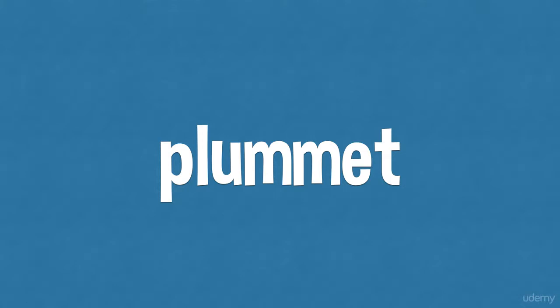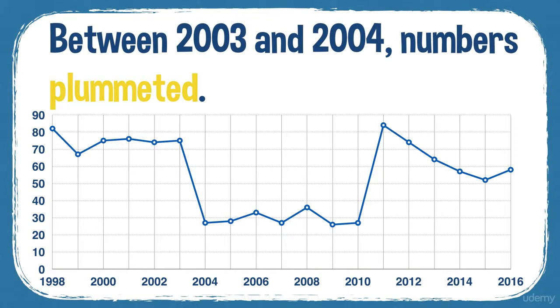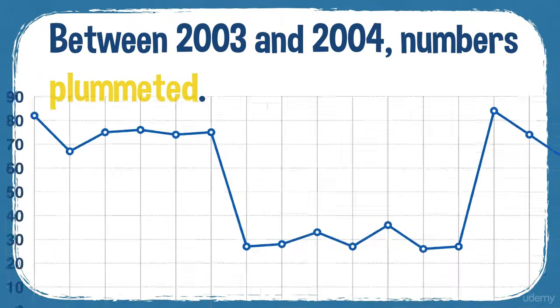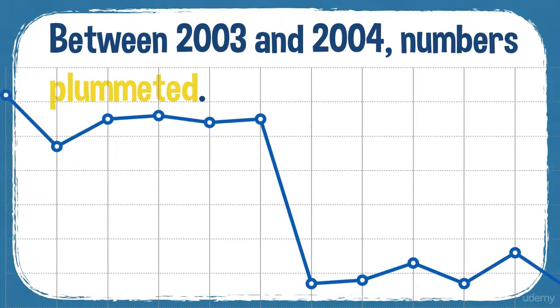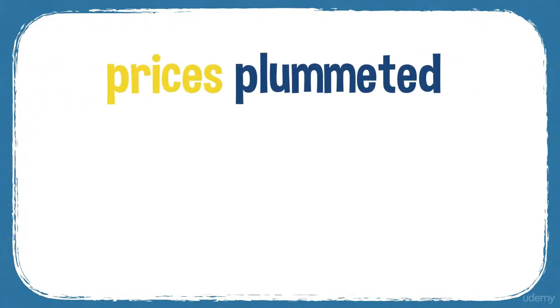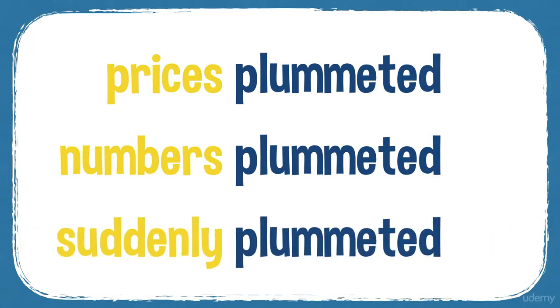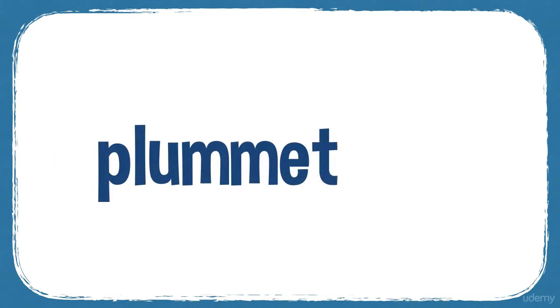It's kind of the opposite of rocket. So between 2003 and 2004, numbers plummeted. Some common collocations with plummet: prices plummeted, numbers plummeted, suddenly plummeted, numbers suddenly plummeted. So the verb forms: plummets, plummeting, plummeted.